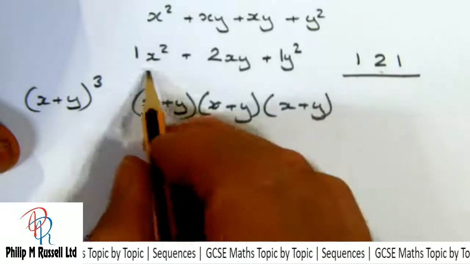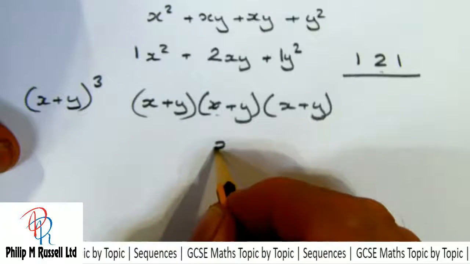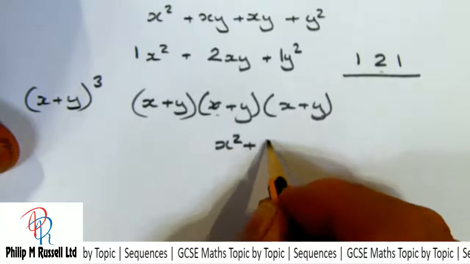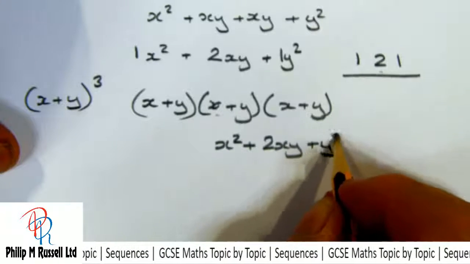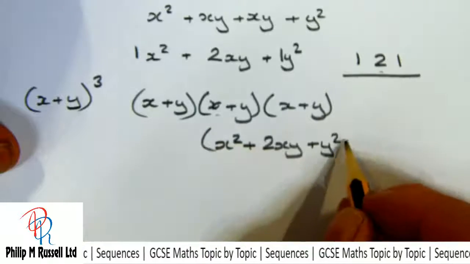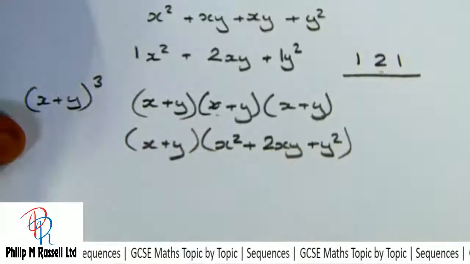Now I've just worked out what x plus y times x plus y is, so that's going to be x squared plus 2xy plus y squared, and that is going to be multiplied by x plus y.